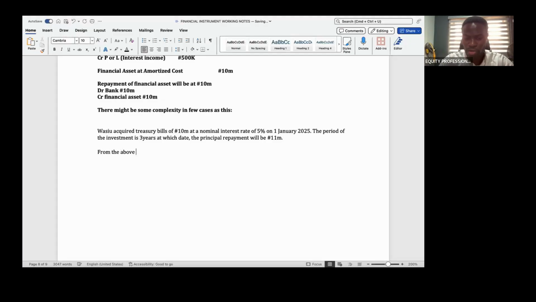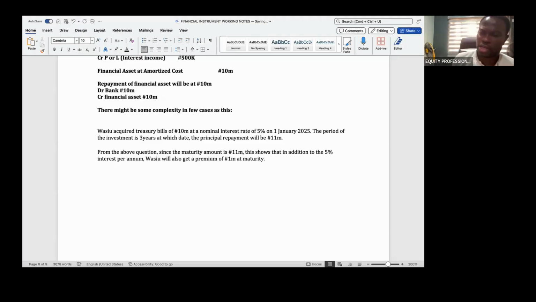So from the above question, since the maturity amount is 11 million, this shows that in addition to the 5% interest per annum, Wasiu will also get a premium of 1 million naira at maturity. He invested 10 million and now they are paying him 11.